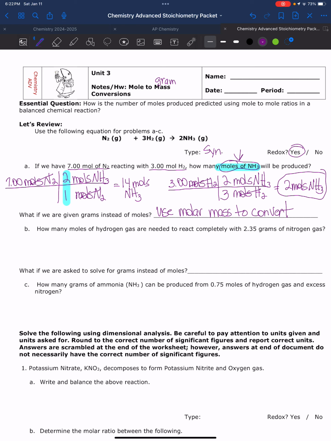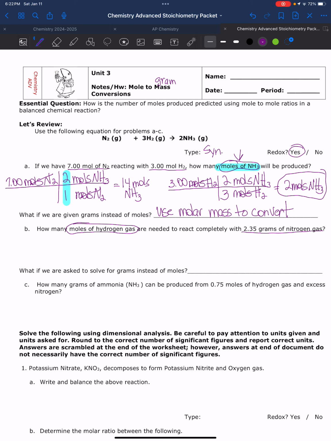So now, how many moles of hydrogen gas for part B? I'm looking for moles of hydrogen gas, that's my unknown, are needed to react completely with 2.35 grams of nitrogen gas. So even though I have 2 numbers here, sorry, I only have 1 number here.